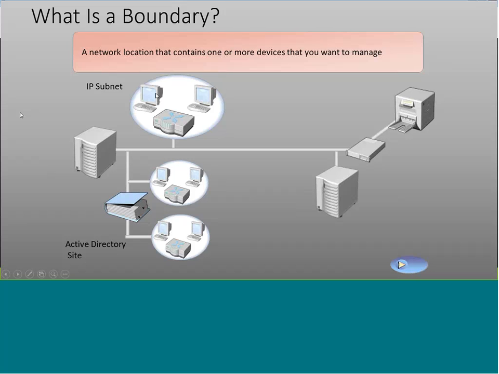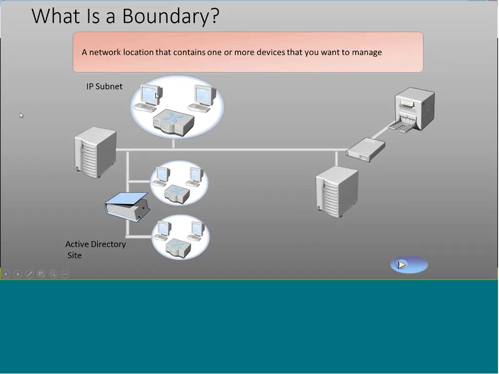Suppose there are 4 floors in a building, and for each floor the network administrator has given a separate subnet. So maybe you want the 4th floor computers to be discovered first and you want to manage only the fourth floor through SCCM. And the fourth floor subnet is 192.168.4.1 up to 4.255. So we can create a boundary.